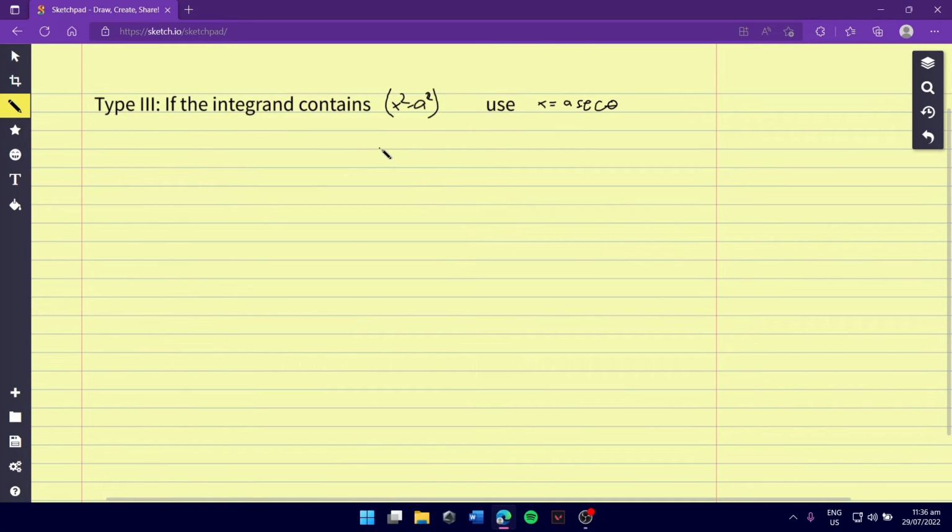So for our next step, if the integrand contains x squared minus a squared, we will use x equals a secant of theta. For our example, we have the integral of dx over the square root of 4e raised to 2x, then minus 9.